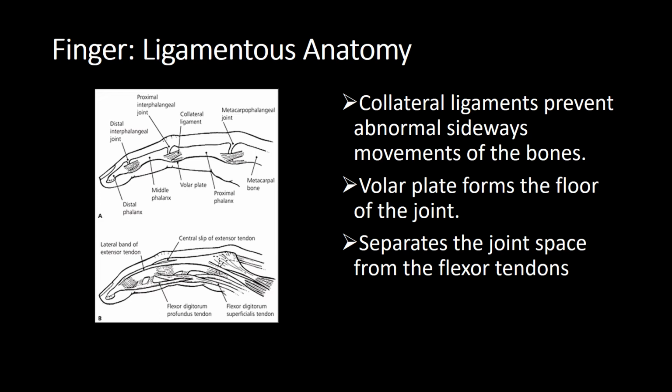Now the important thing to understand about the volar plate here is that the distal portion of the volar plate is really firmly attached to the volar plate at the base of the phalanges, and that's why when you get injuries to the bases on the volar aspect, it's always the distal portion of the volar plate that gets ripped off. But we'll look at that in a little bit more detail in a moment.